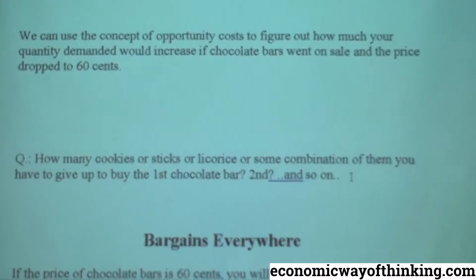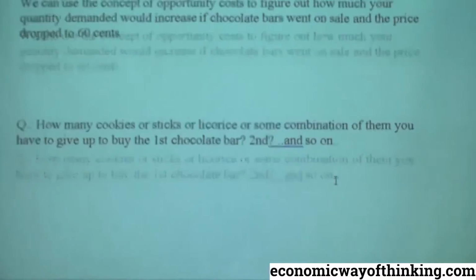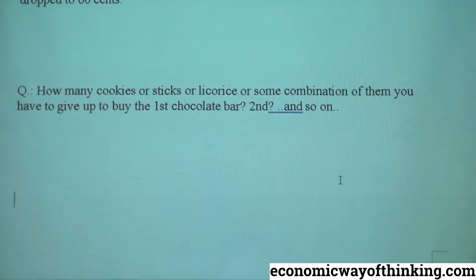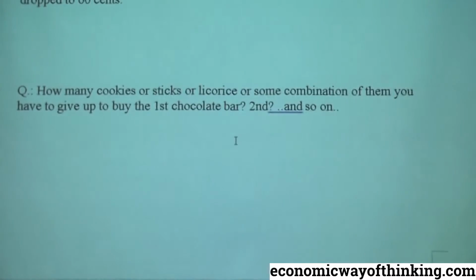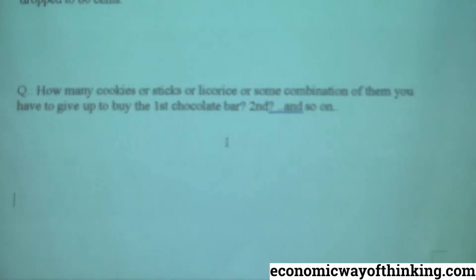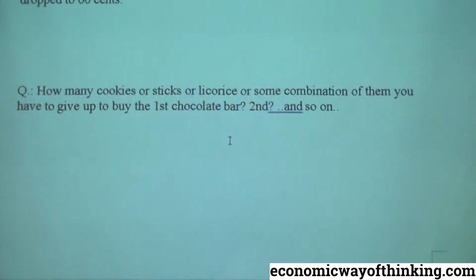So in order for us to get information on the demand curve, we will be conducting that experiment at different prices. And we have to figure out how many of cookies or red licorice you have to give up to buy the first, second, and so on bars at different prices.